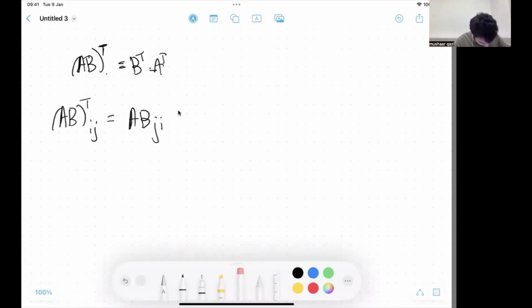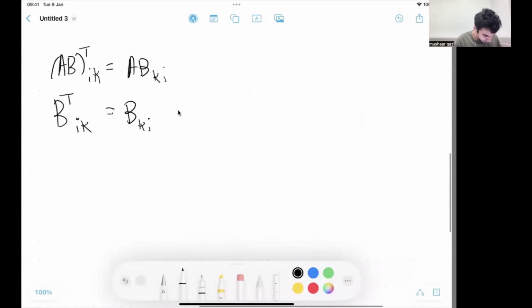Actually, for this proof, I'll use K. Why not? So (AB)^T ik equals (AB)ki. What does B transpose mean? B transpose means that the ik element in B^T is equal to Bki.